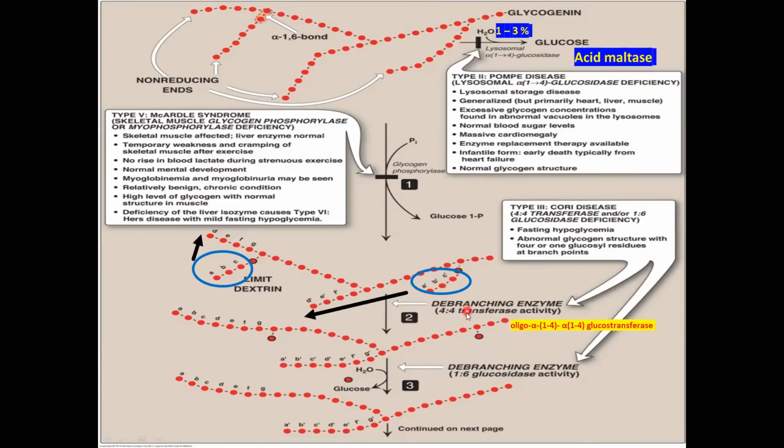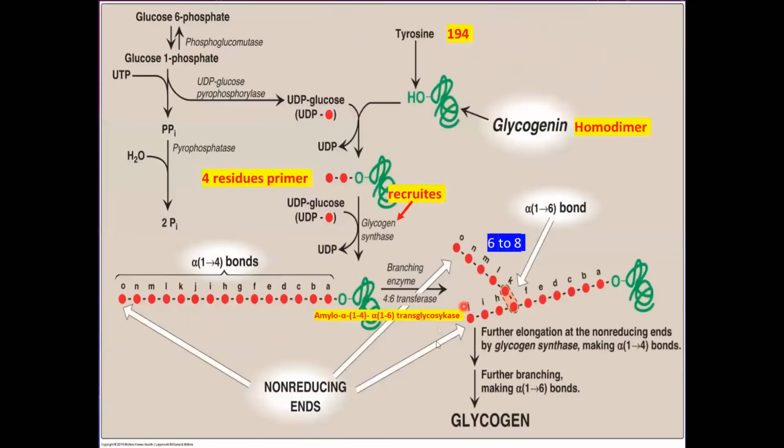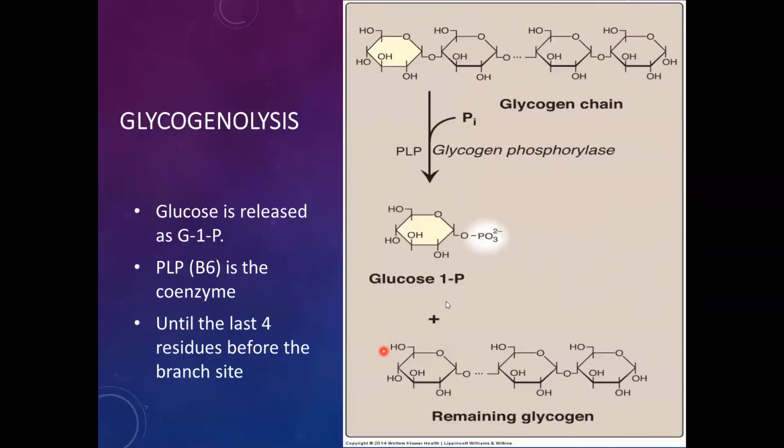What's going to happen is the interference of what's called the debranching enzyme, which is a 4-4 transferase enzyme. We got to know another one before, called the 4-6 transferase enzyme. What does 4-6 do? It moves from a 1-4 bond and makes it a 1-6 bond. So it's transferring glucose from one bond to another, from 1-4 to 1-6, so it's called 4-6. Now what does this one do?